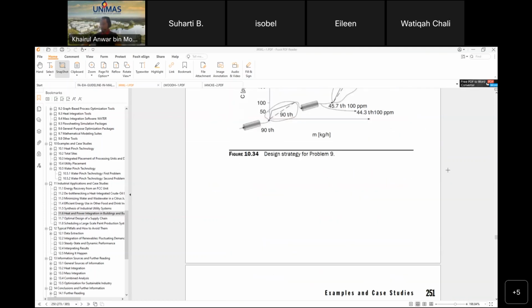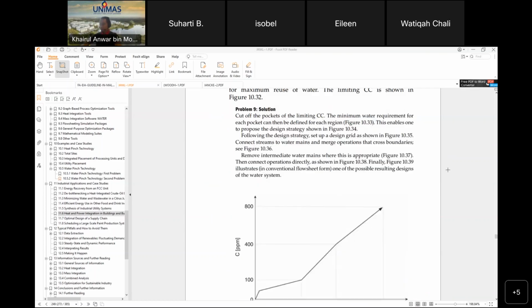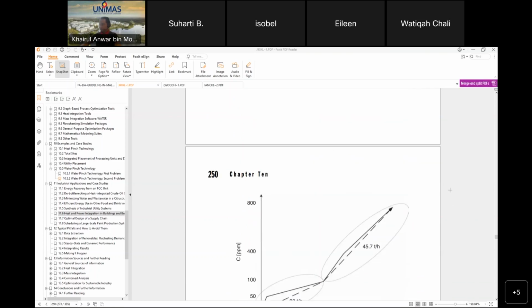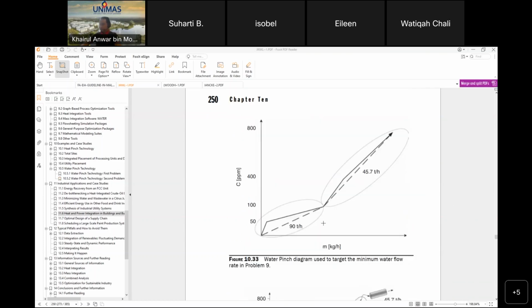Okay, start from the beginning. This is the limiting composite curve from the previous problem. So you cluster it into two pockets.